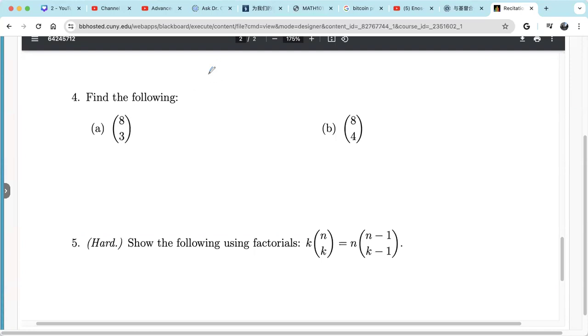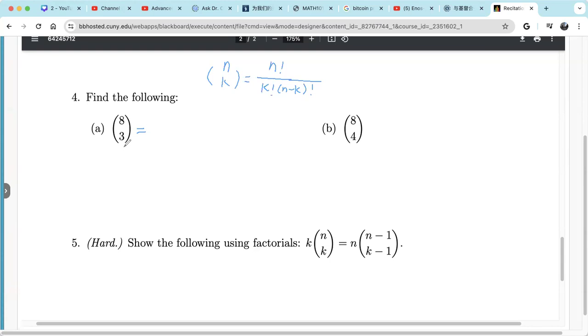So permutation, if you have n, k, that's n factorial divided by k factorial and divided by n minus k factorial. What does it mean? Think about you have 8 apples, right? You want to pick 3 out of these 8 apples. How many ways allow you to do that?